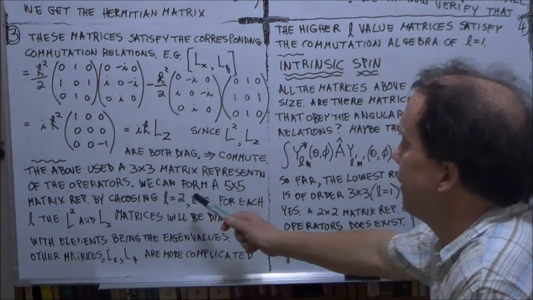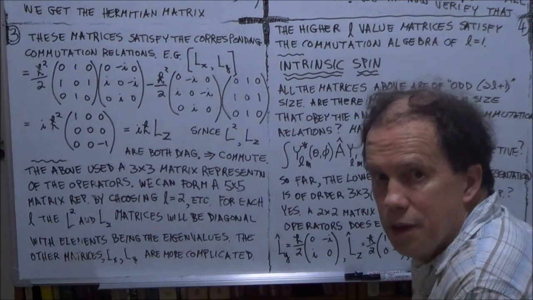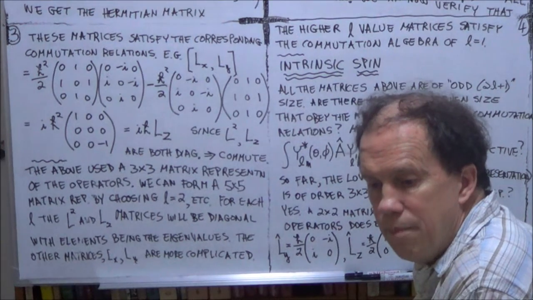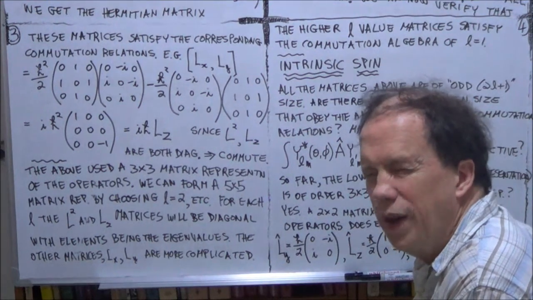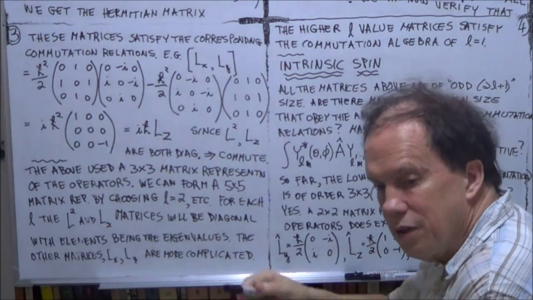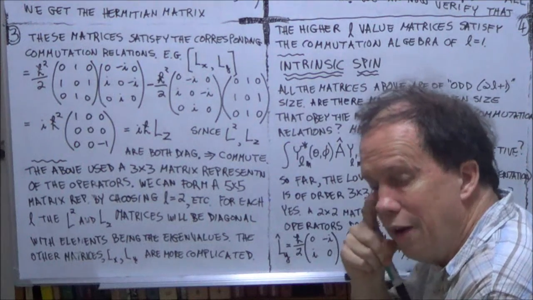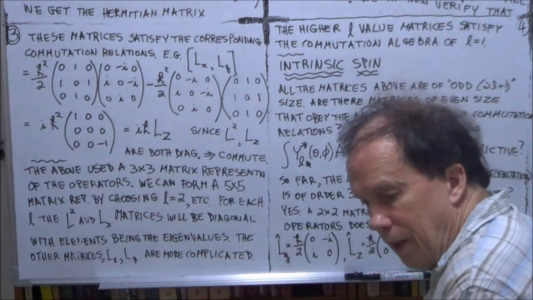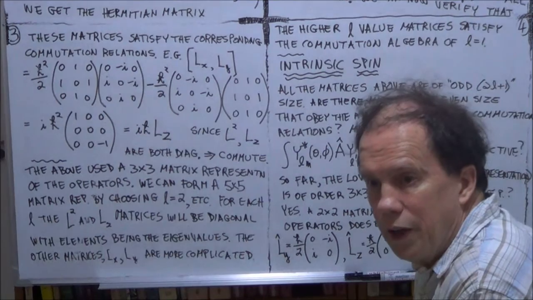Now, I've said this a few times before, but for a given L, your M can have 2L plus 1 different values, ranging from -L, ... 0 ... L. So there'll be 2L plus 1 different values of M for a given L. Let's say L equals 2, so we have an angular momentum of 2.